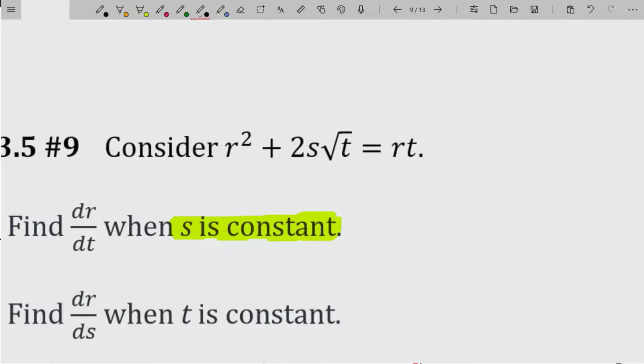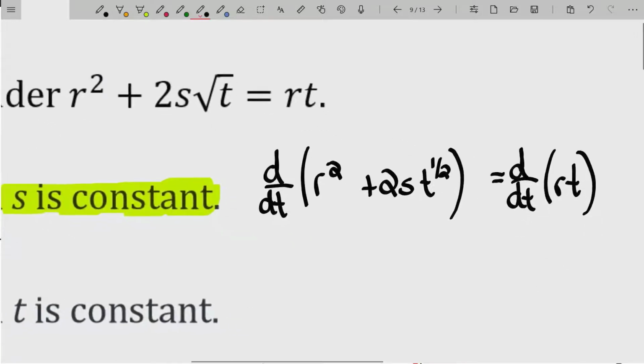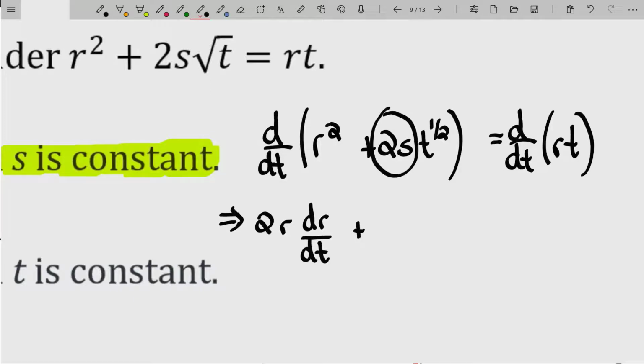So let's do this. The derivative of the left-hand side. So d dt, I'll write this out. There we go. Now remember, s is a constant. So this implies the derivative of r squared. Well, that's twice r to the first times the derivative of that r with respect to t, because that's what we're taking the derivative with respect to, plus the derivative of 2s, which is a constant, times t to the 1/2.